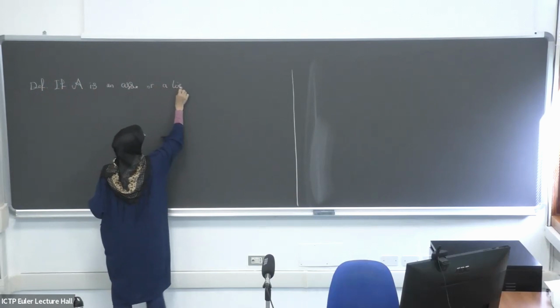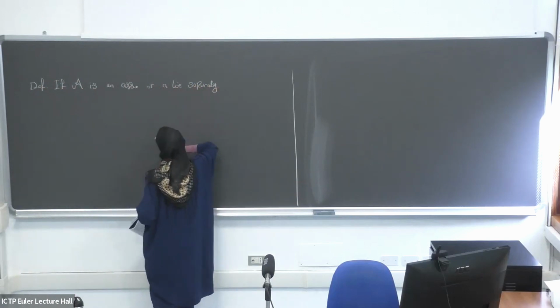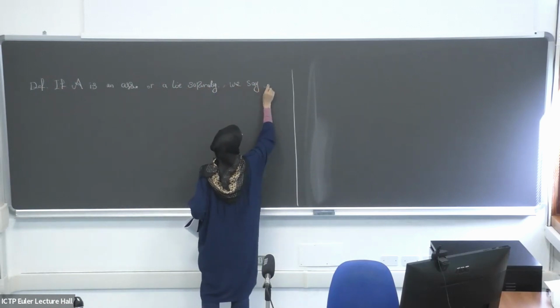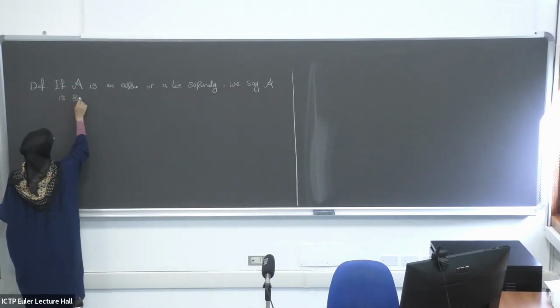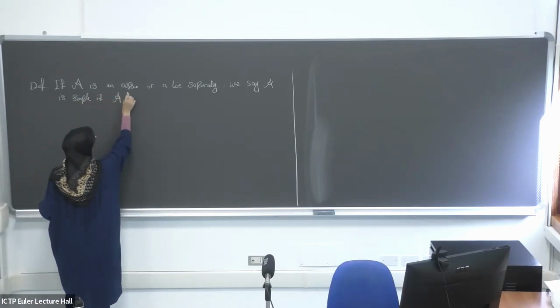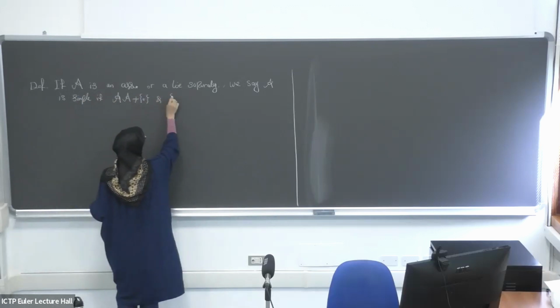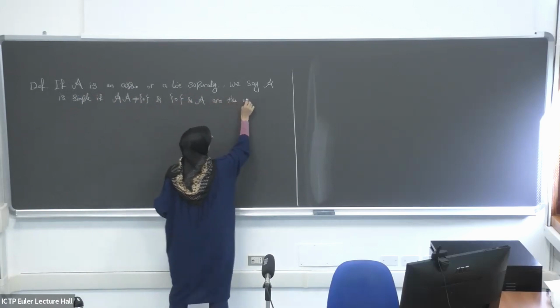We say A is simple if A is not 0 and 0 and A are the only ideals of A.